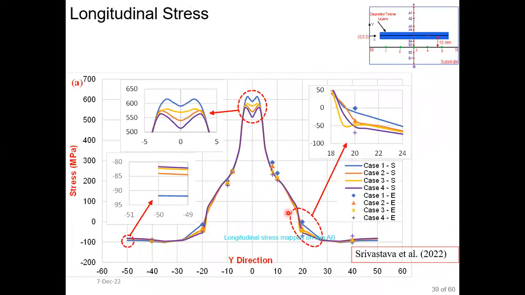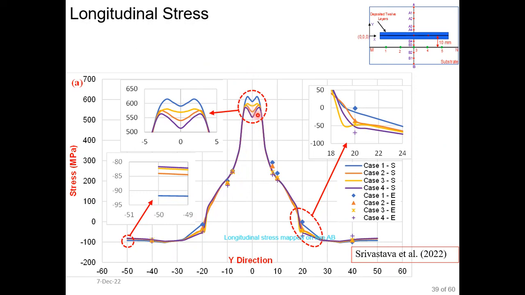After comparing the thermal fields, in this slide a comparison of longitudinal stress values along line AB is shown. The trend of variation is similar among all 4 cases, and the experimentally measured results again show the same trend of variation, which is basically validating the predicted results from the model.